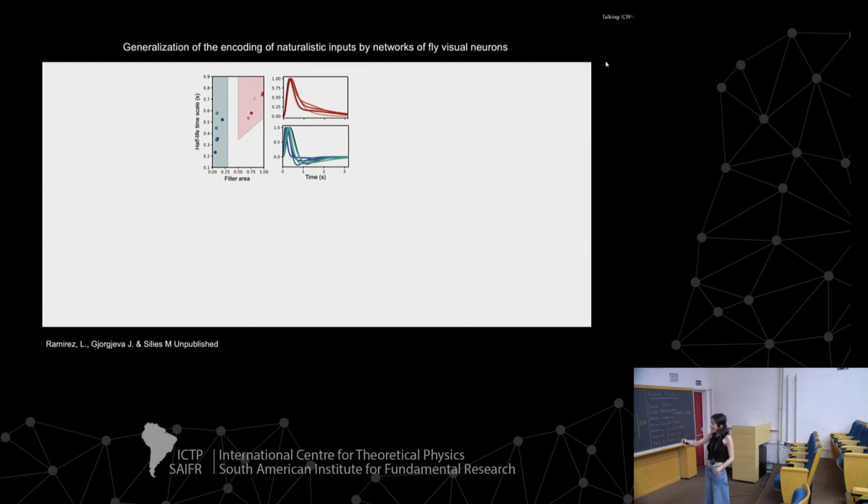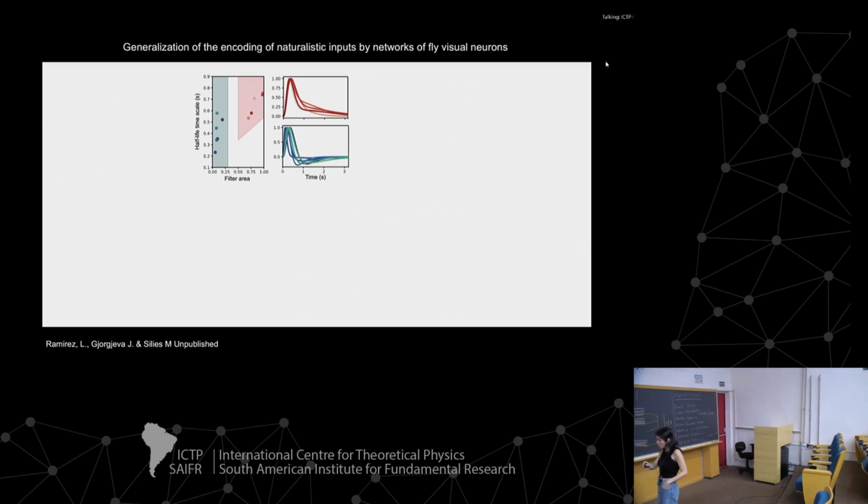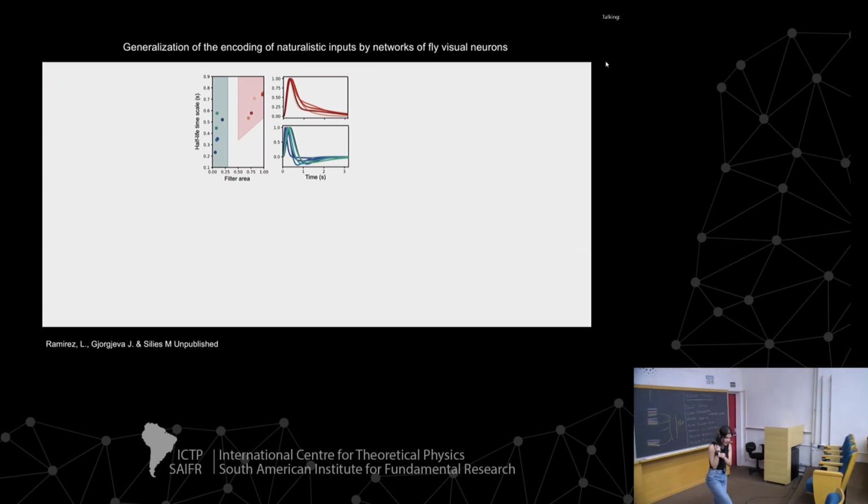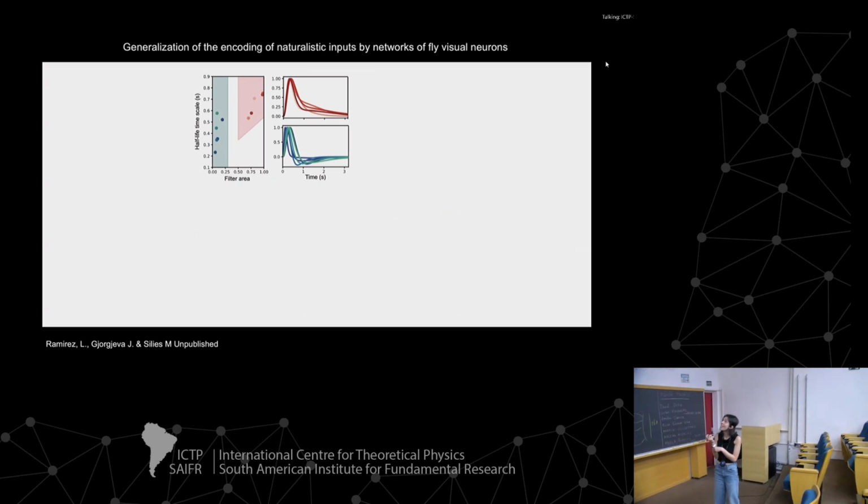So the next thing that we wanted to do was to try to generalize these ideas beyond the typical filters that we find in the fly. So here, we have the mathematical function to fit the filters of the fly.